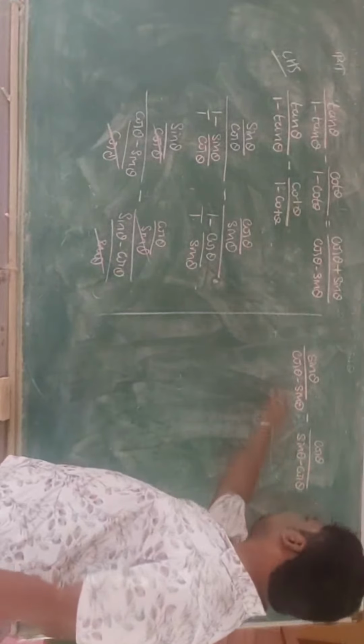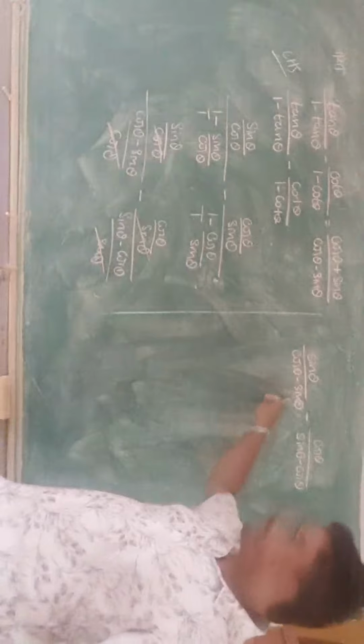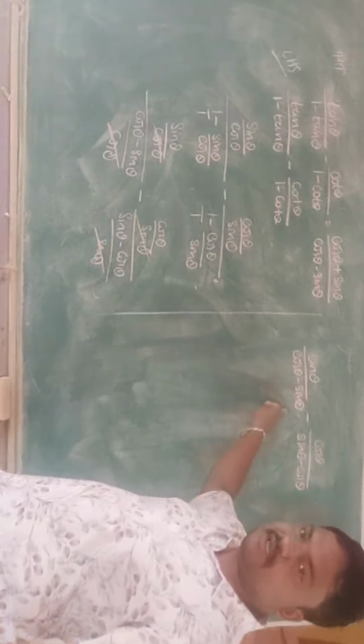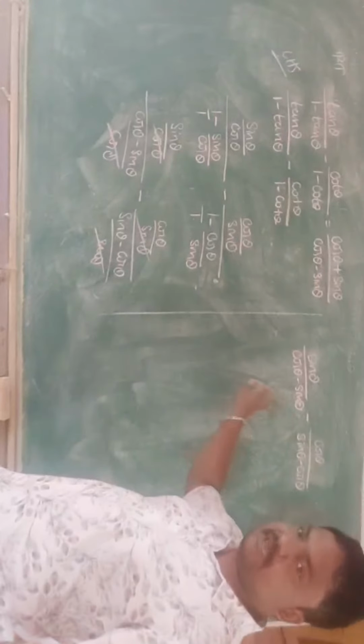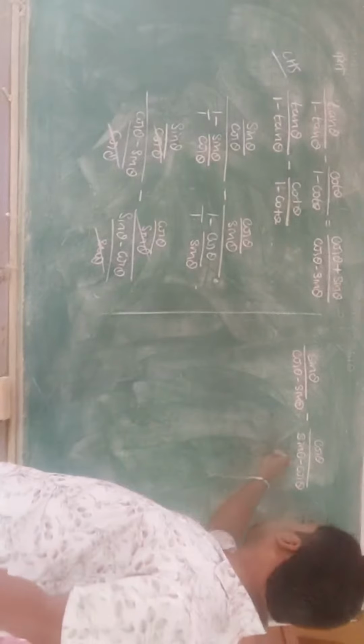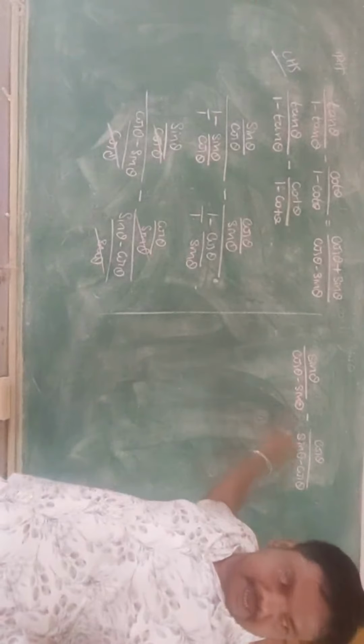Okay, you see, here it is cos theta minus sin theta, but here it is sin theta minus cos theta, not cos theta minus sin theta, but both the denominators should be same. So you can make them same. How? By taking the minus sign common. If you take minus sign common here, again it will become cos theta minus sin theta.